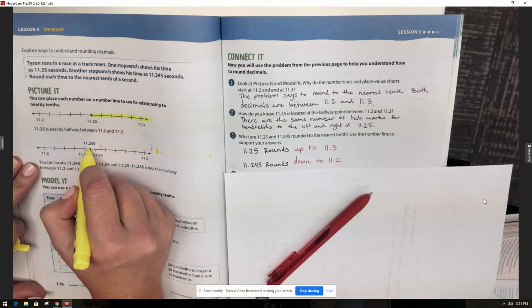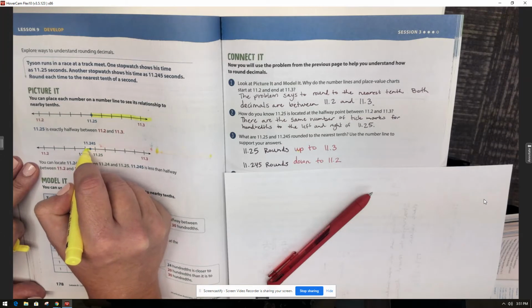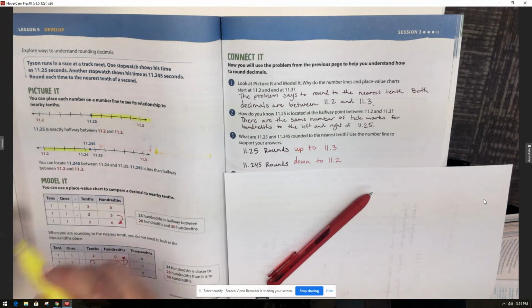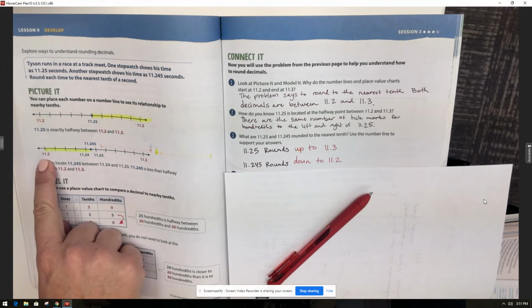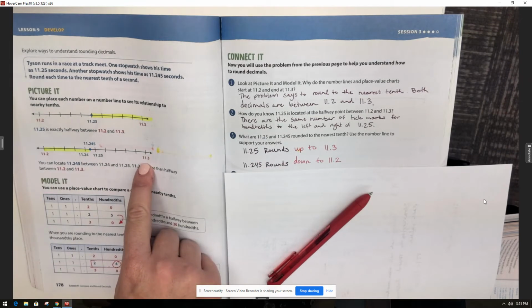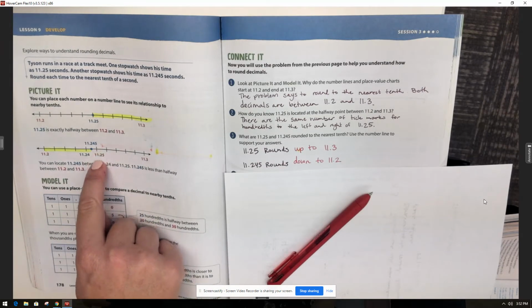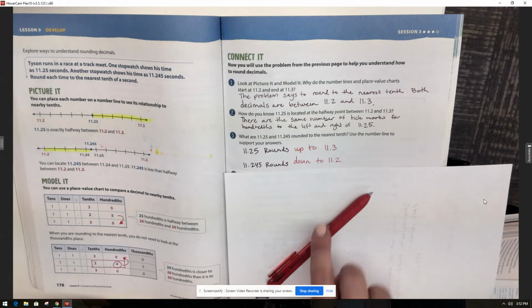And then 11 and 245 thousandths is closer to 11 and 2/10 than it is to 11 and 3/10, because it is not halfway.